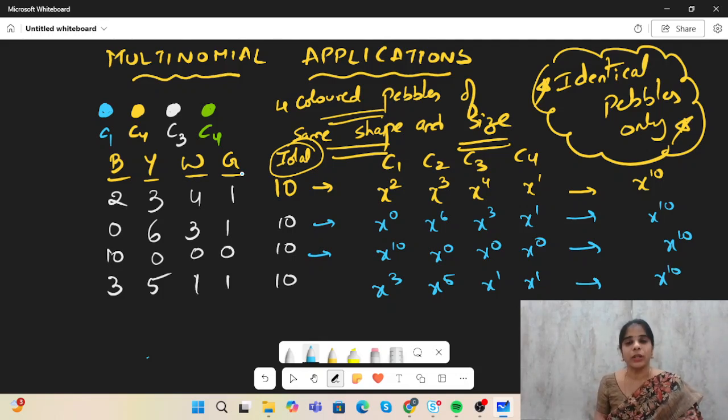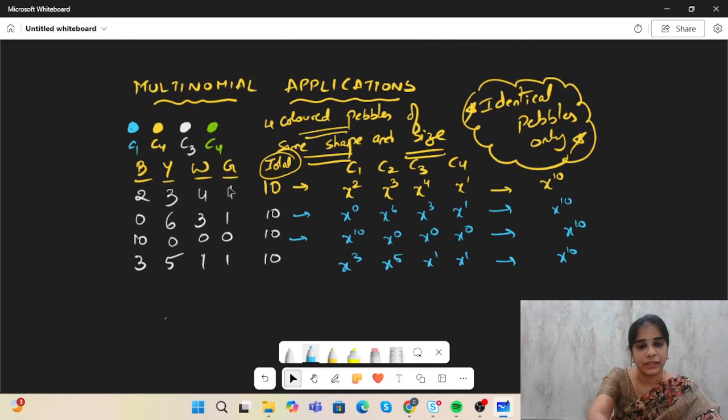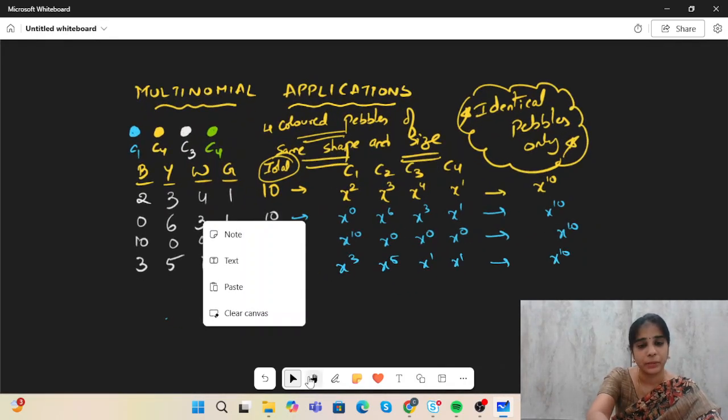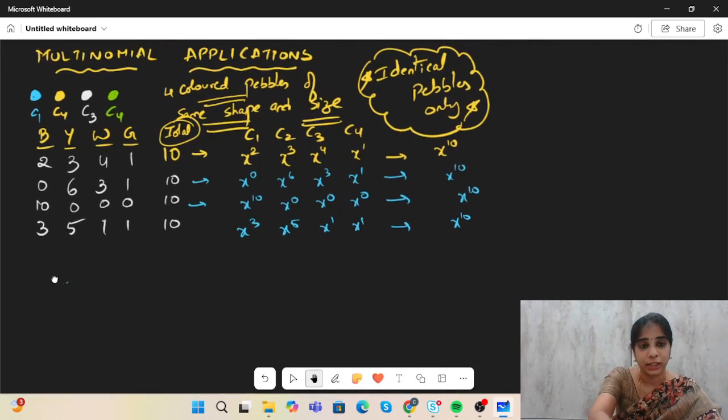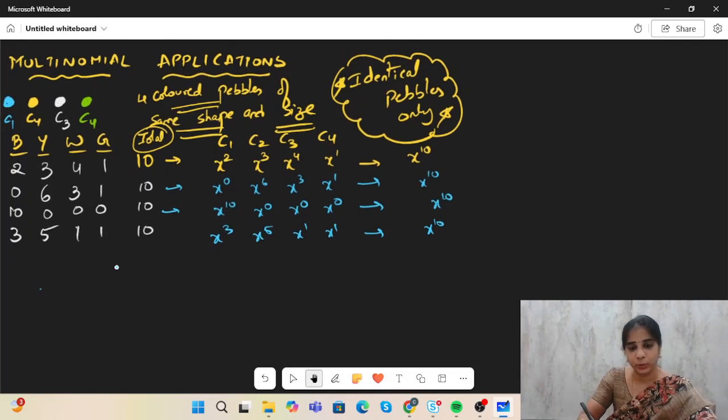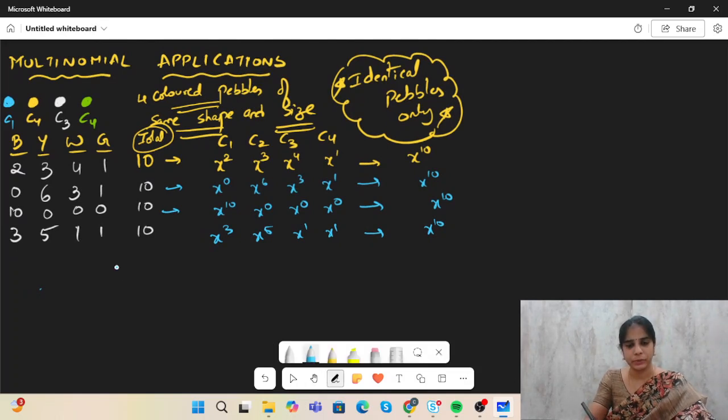Right. So now tell me, as I said, you can pick up any number of balls, right? So you can pick up any number of pebbles from color 1. So how am I going to represent that? Now observe very carefully. It can be 0 pebbles from the first color. See, color 1, color 2, color 3 and color 4.